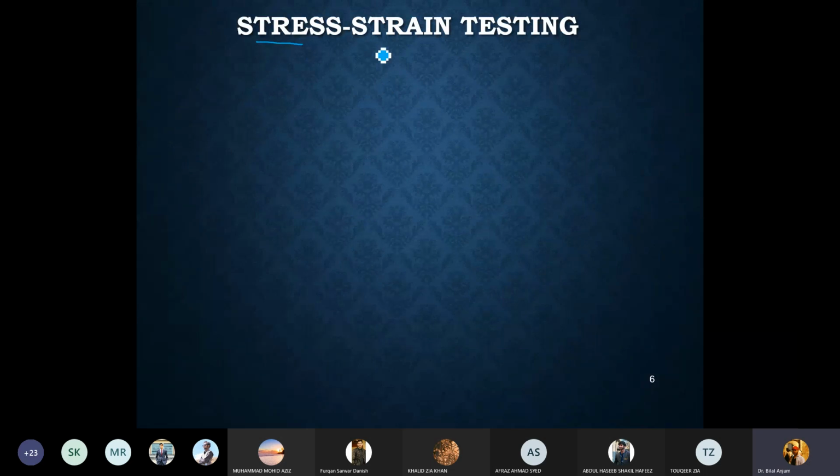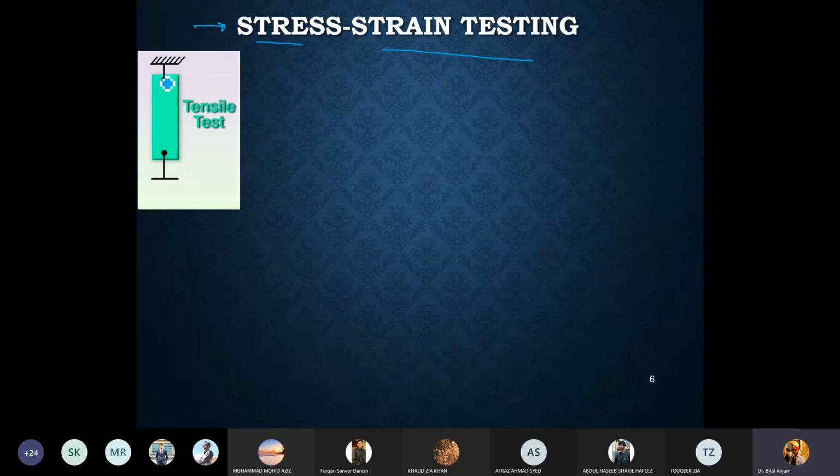Now, stress strain testing. How does a material behave when a load is applied onto it, and how does it resist? This is basically gauged by the stress strain testing, which is also known as the tensile test.